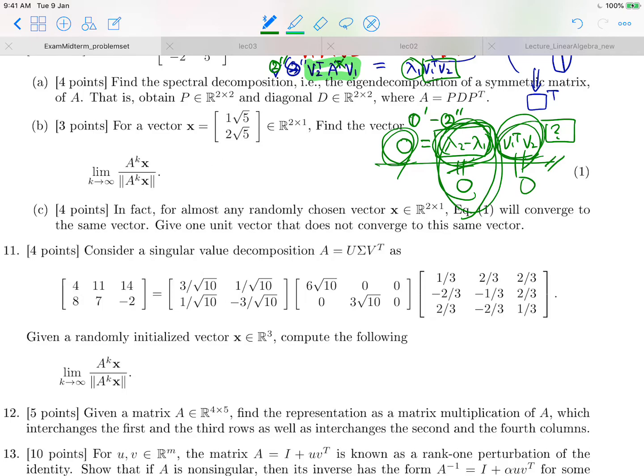And what if we are worried about this unlucky case? How can we avoid that? One simple way is to try out several different random vectors.